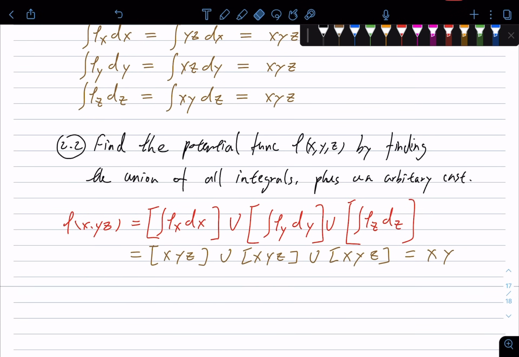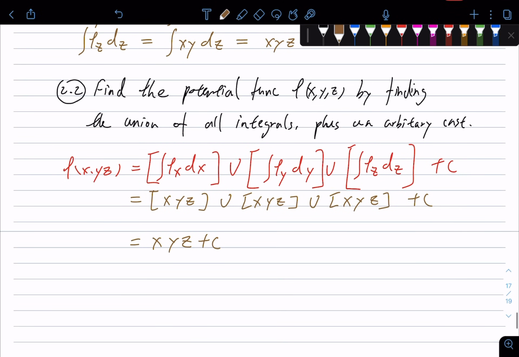The union is just adding all of the terms but not double counting the duplicates. And then we plus c. Oh, I forgot about the plus c. That's all there is to it. And there you go. This is our potential function.